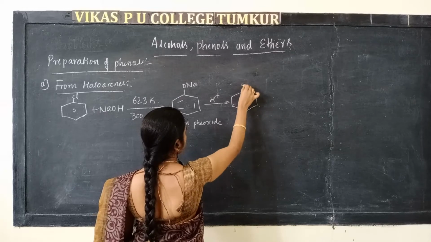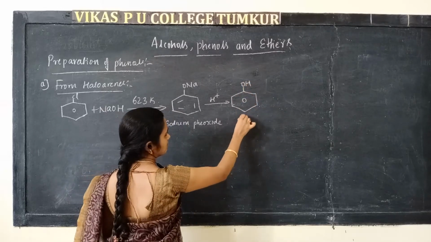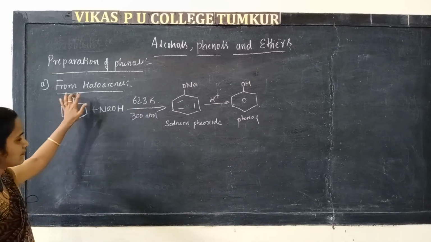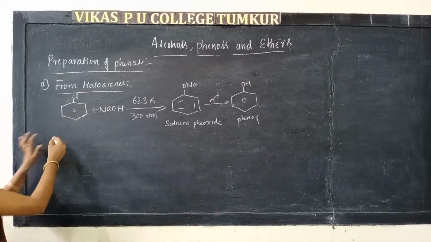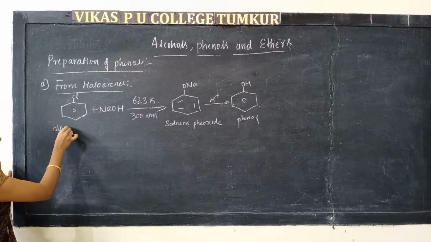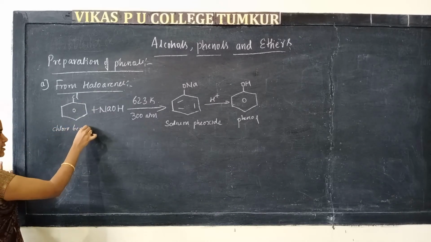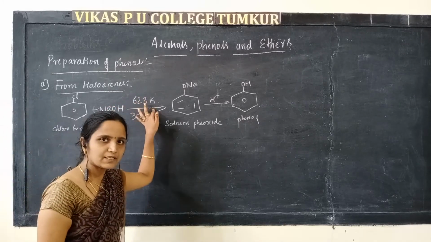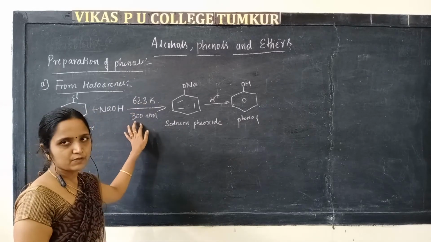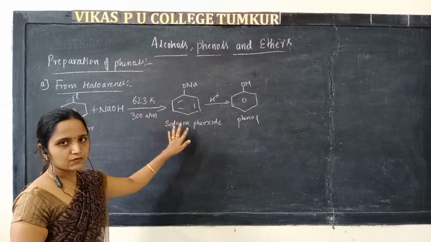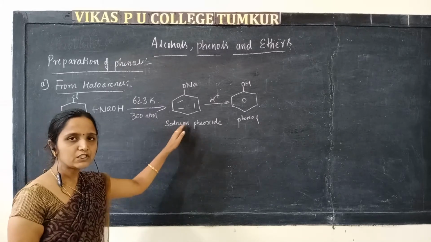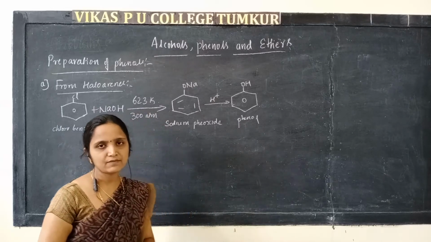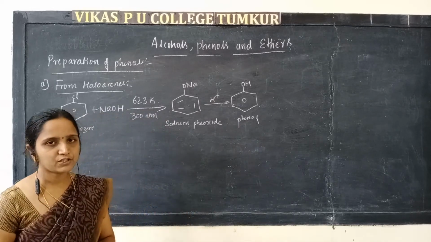This is one of the methods of preparation of phenol. Here, from the haloarene, chlorobenzene, heated with NaOH at 623 Kelvin and 300 atmospheric pressure, sodium phenoxide is formed, which on further acidification gives phenol.